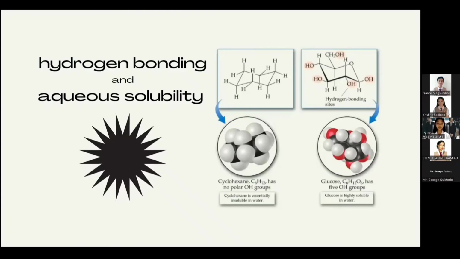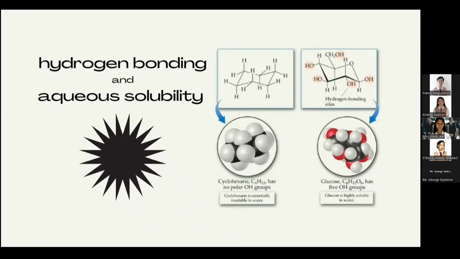The hydroxyl groups in glucose molecules can form strong hydrogen bonds with the solvent water molecules, so glucose is soluble in water. In contrast, cyclohexane is not capable of forming strong intermolecular attractions with water.